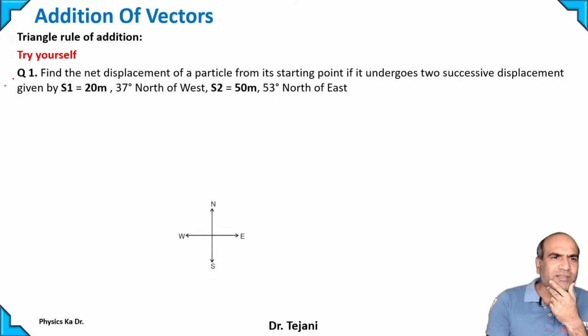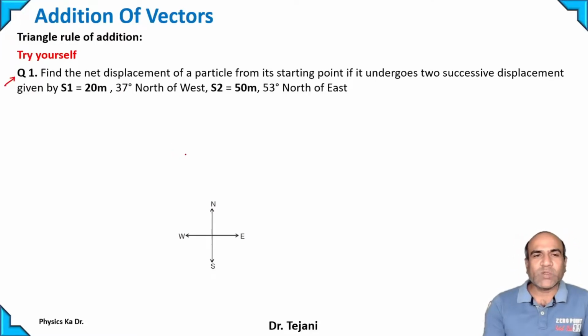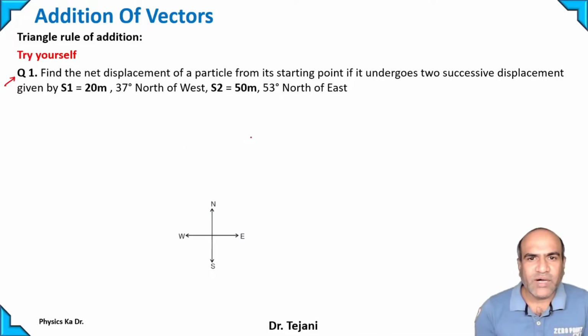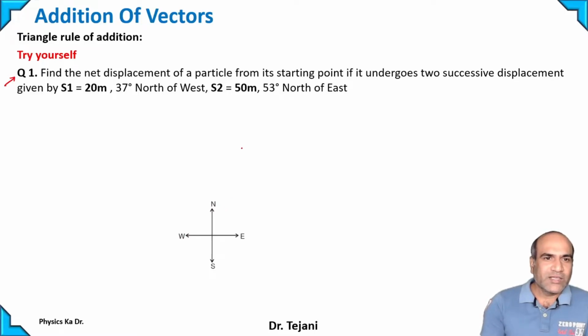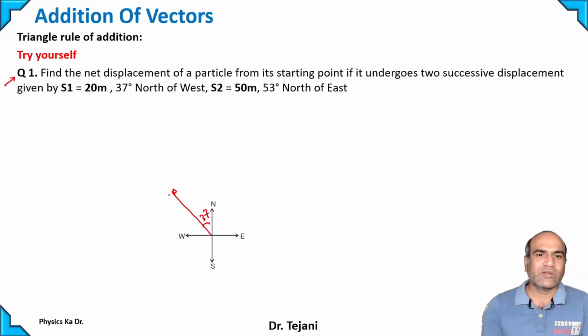Now, example question number 1, that you try yourself. This is your homework problem. Find the net displacement of a particle from its starting point. It undergoes two successive displacements. S1 is 20 meters, 37 degrees north of east, and you can take this magnitude as 20. Then S2 is equal to 50, north of east in this direction.